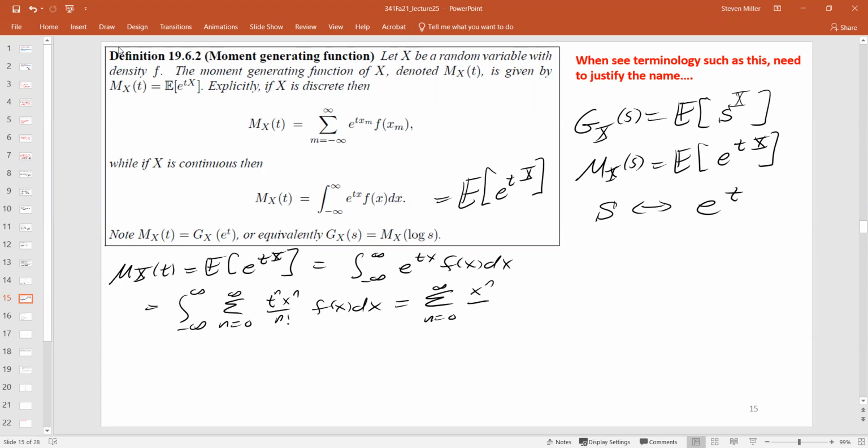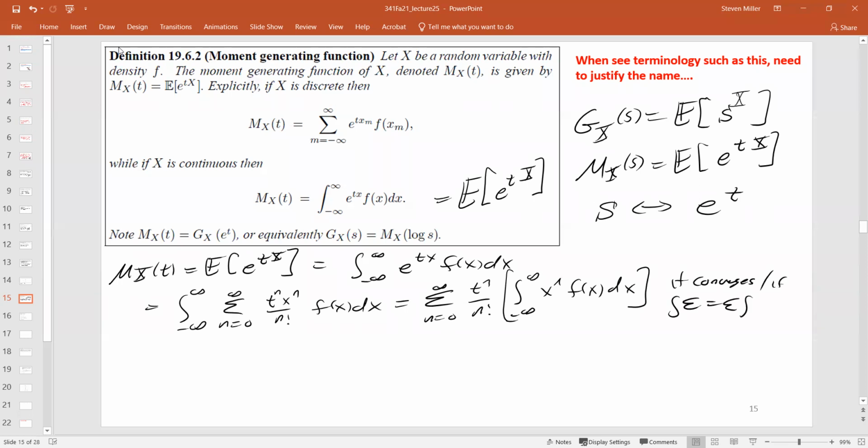I'll pull out a t to the n over n factorial. And then I have an integral from minus infinity to infinity of x to the n f of x dx. It converges if the integral of the sum is the sum of the integral.